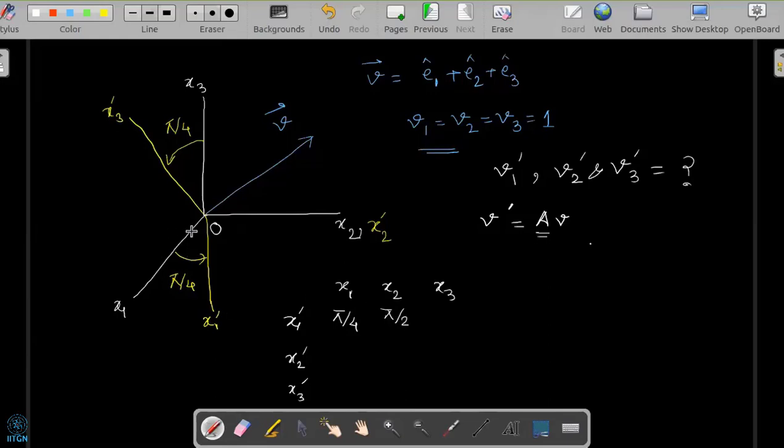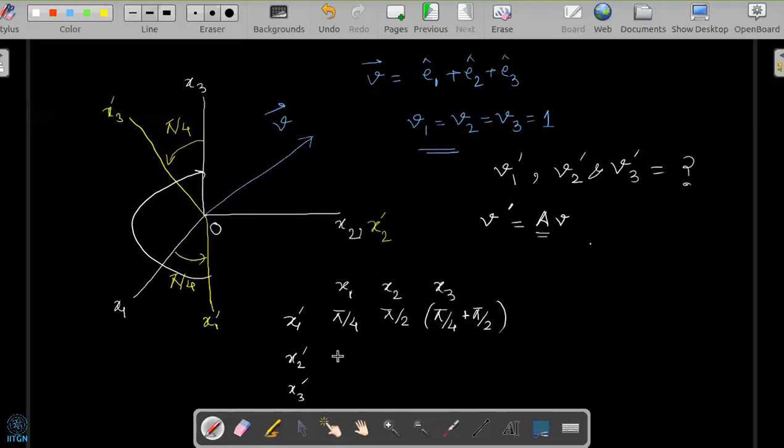So actually, we are keeping the x2 same, and we are rotating the x1, x3 plane. So the perpendicularity condition we are not changing. The angle between these two will be pi by 2, and then the angle between x1 dash and x3 is pi by 4 plus pi by 2.